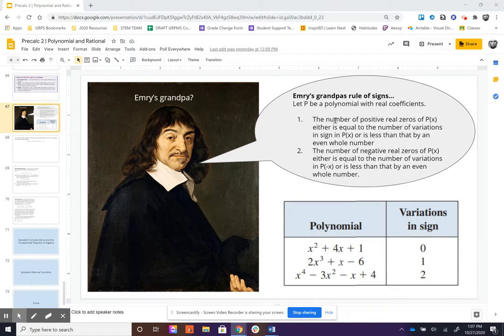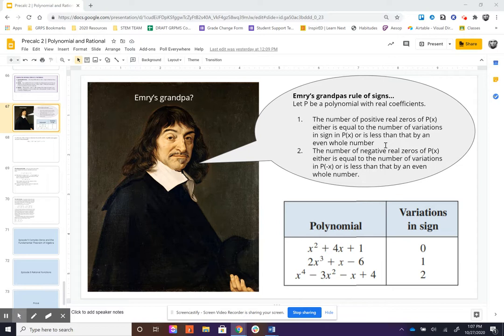There are two ideas behind this when you are exploring a polynomial. The number of positive real zeros of p of x is either equal to the number of variations in sign or less than that by an even whole number, and I'll explain what that means.